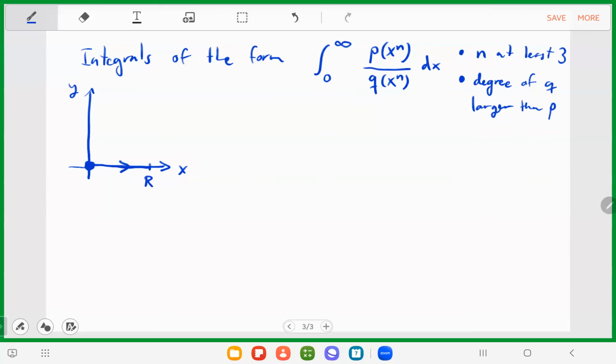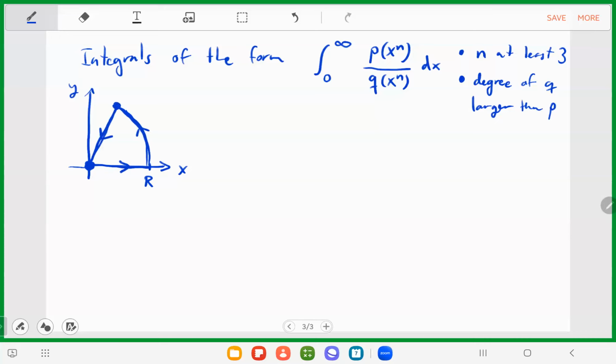Then we go at constant radius again, but instead of doing a full semicircle, we'll just do a sector along this piece of circle up to another point, and then go back to 0.